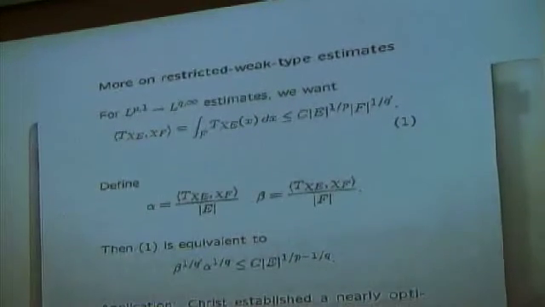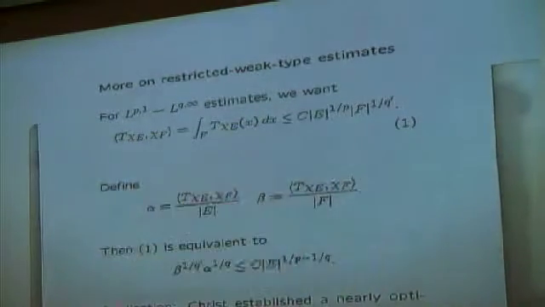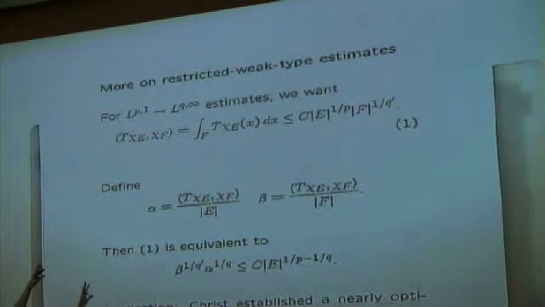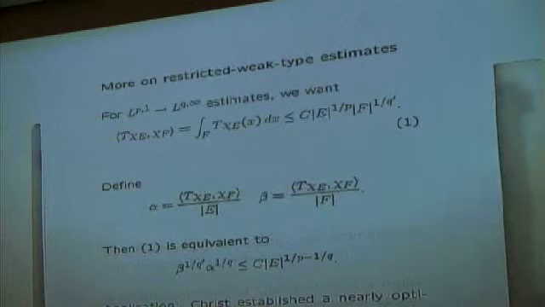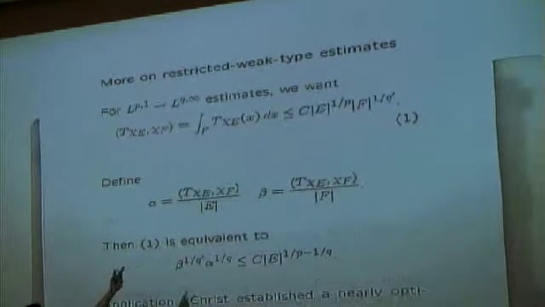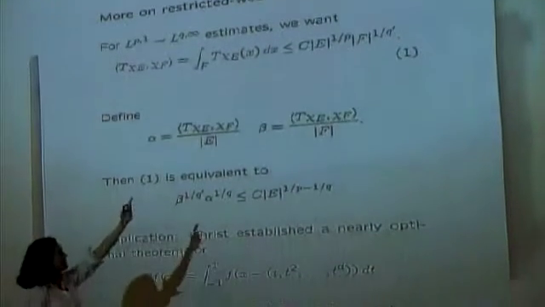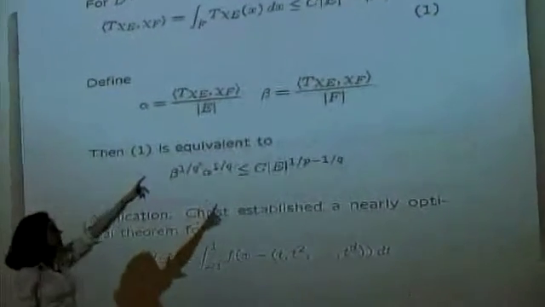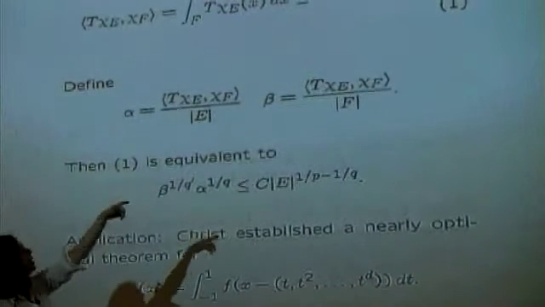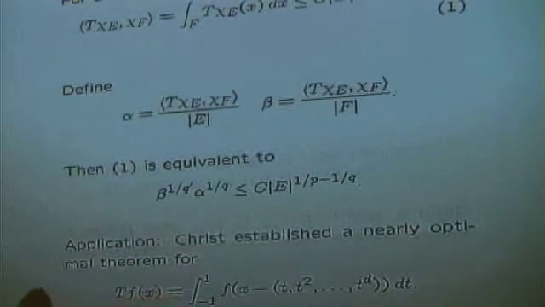So for an LP,1 to LQ,infinity estimate, what you want is for the inner product of T applied to a characteristic function, tested against a characteristic function, to be less than or equal to the size of the first set E to the 1 over p. That's just the LP norm of the characteristic function times the norm of f in LQ prime.